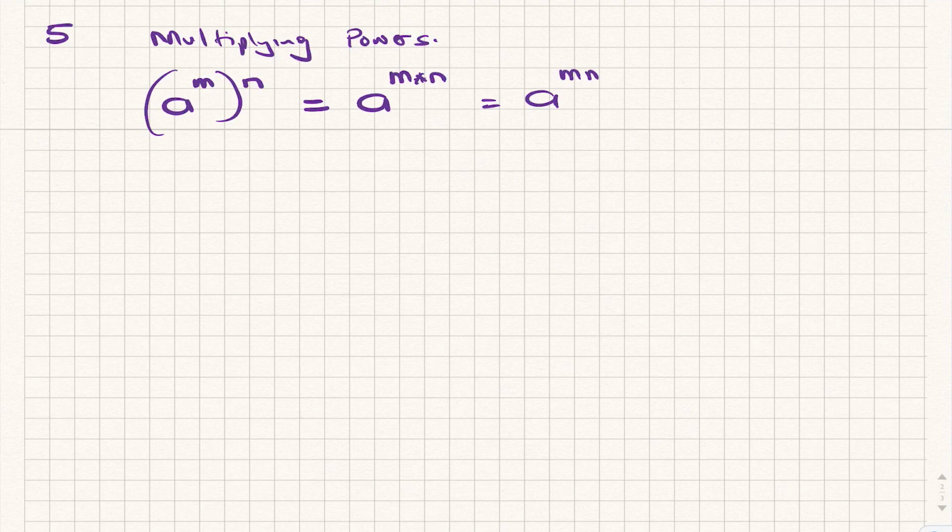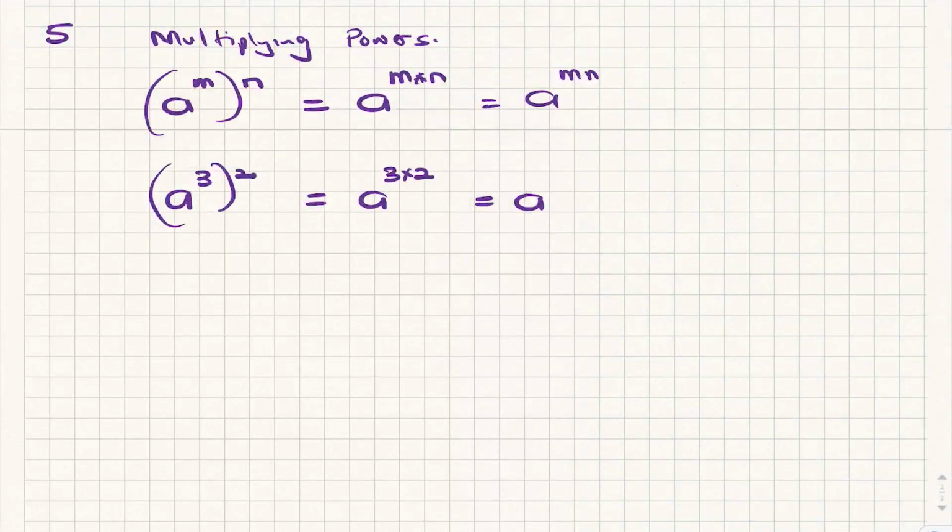To give an example, a to the power of 3, all to the power of 2, will become a to the power of 3 times 2, which is a to the power of 6.